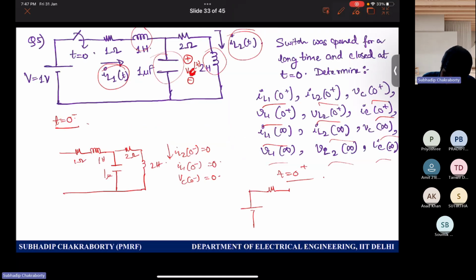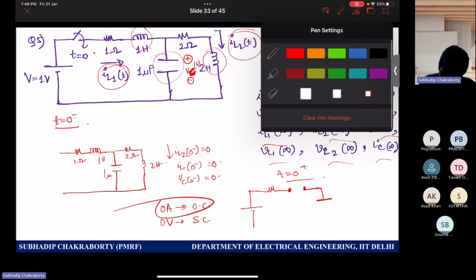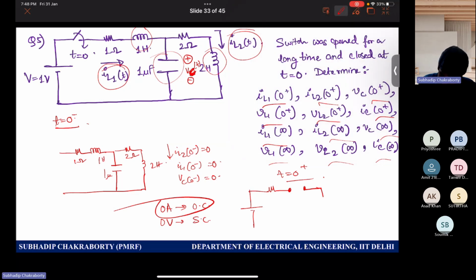Because always remember that we model 0 current with an open circuit and 0 voltage with short circuit. Since inductor was not having any initial current, we model 0 current as open circuit. And capacitor will behave as a what? Short circuit.